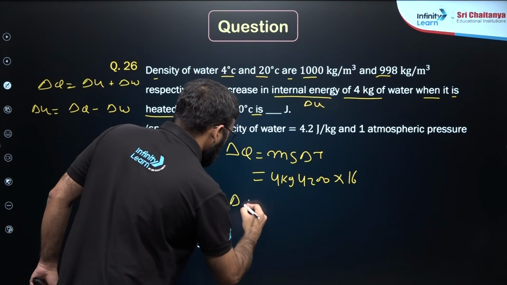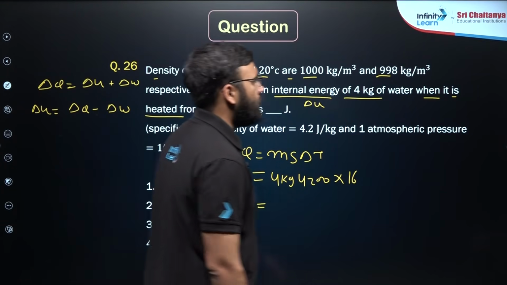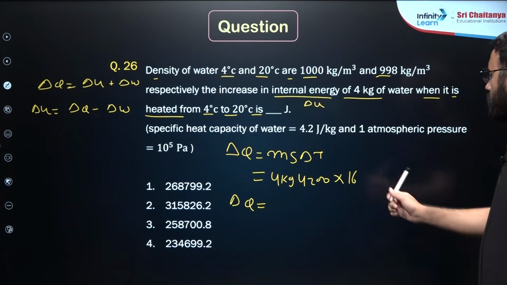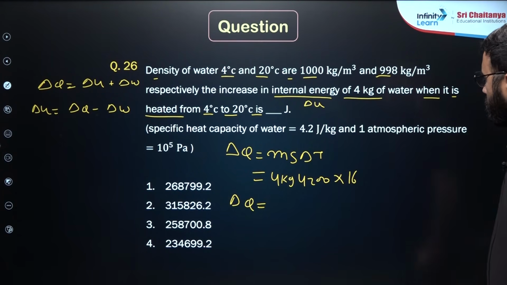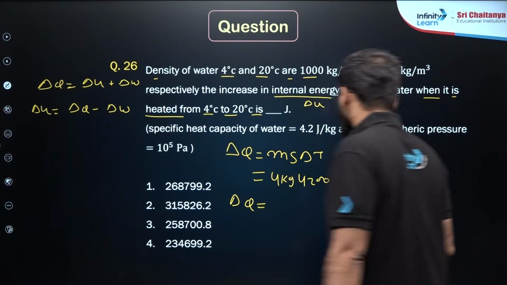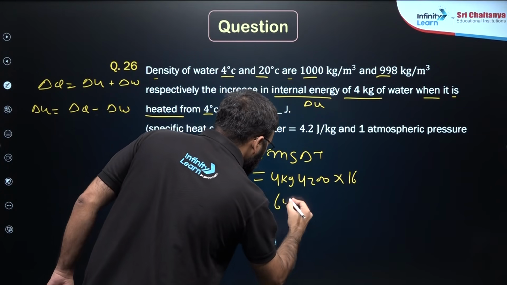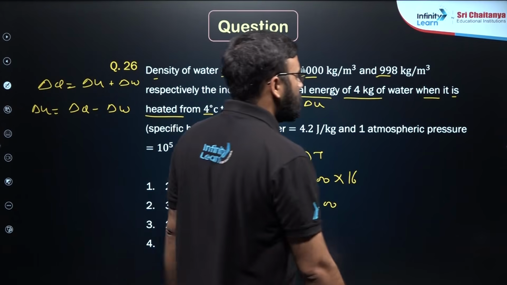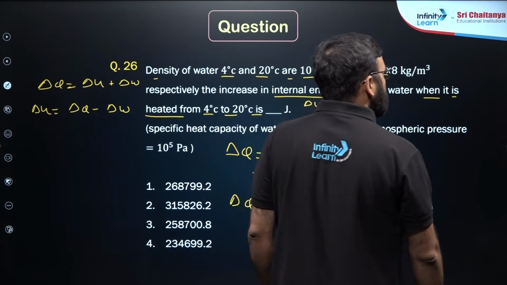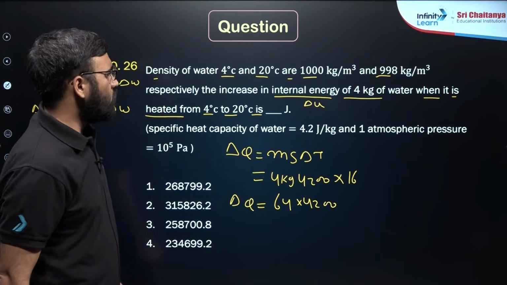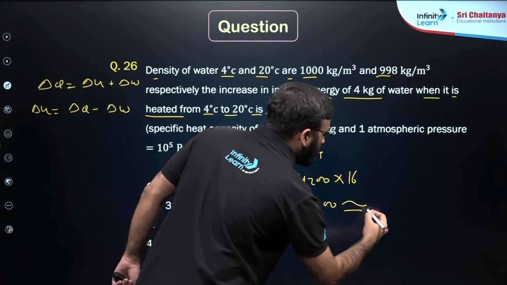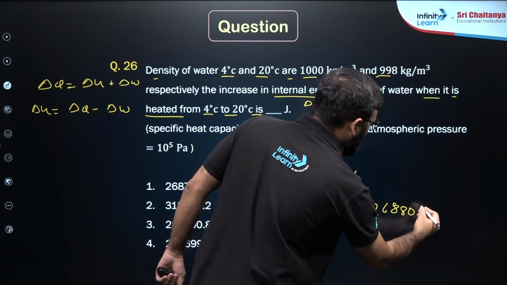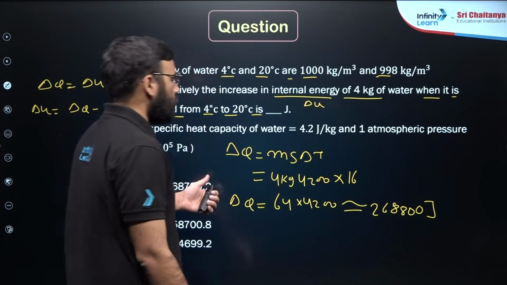So delta Q we can get approximately 16 into 4, 64, into 4200. Solving this calculation, you get approximately 268800 joule. But how can we find delta W?